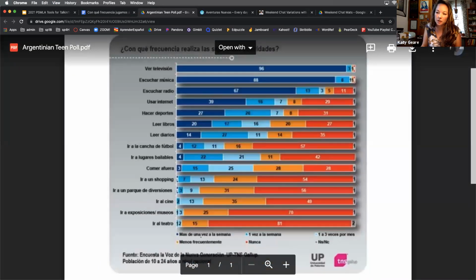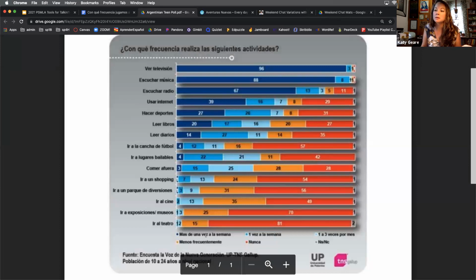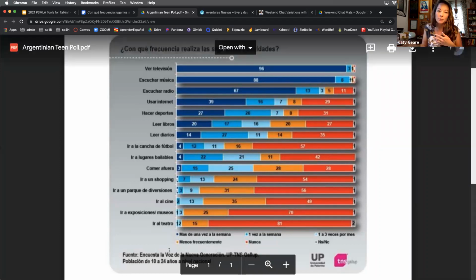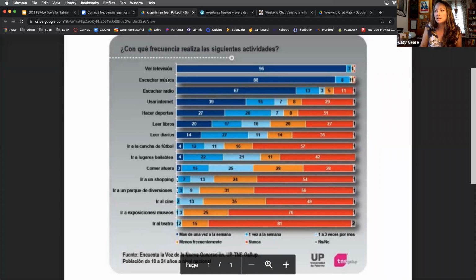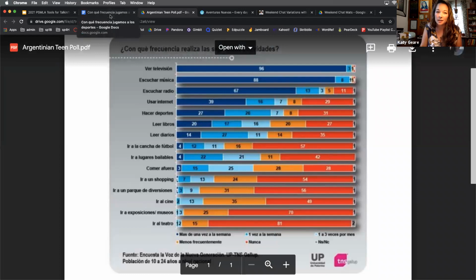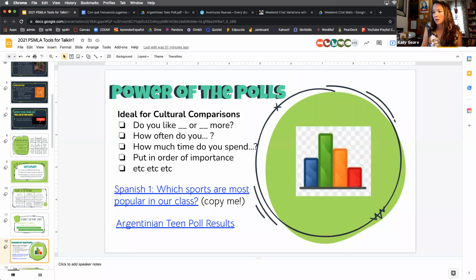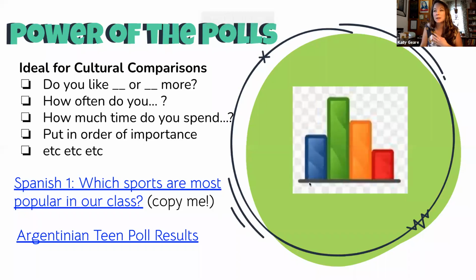There's a little key down here that says, okay, blue is more than one time a week, and then they mash up what they do with what they see of Argentinian teenagers. So like I said, these polls are really nice for cultural comparisons, or at least giving a comparison that's closer to what the class does.